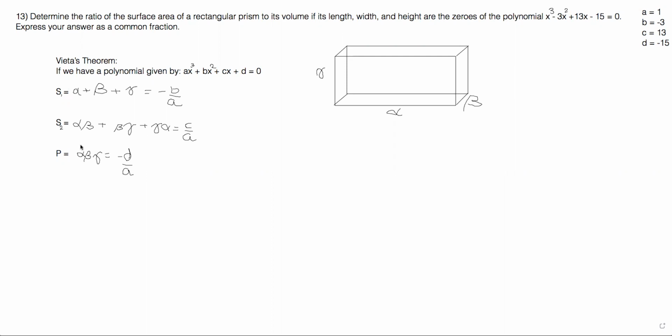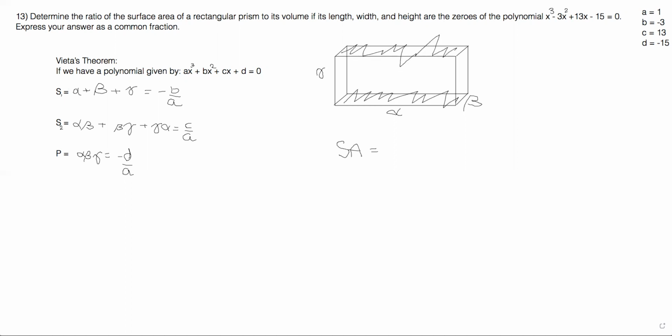Now we want to think of ways we can use Vieta's theorem to help us find the information they want. Let's create an expression for the surface area. SA is surface area. That's going to be equal to the area of this bottom part plus the area of this top part.